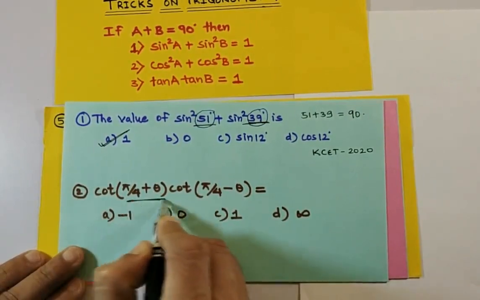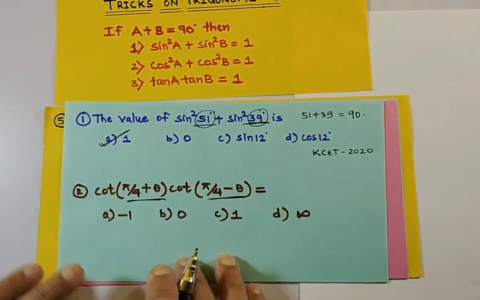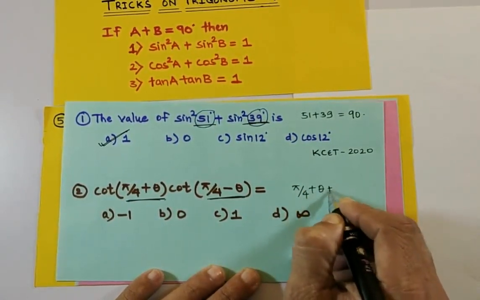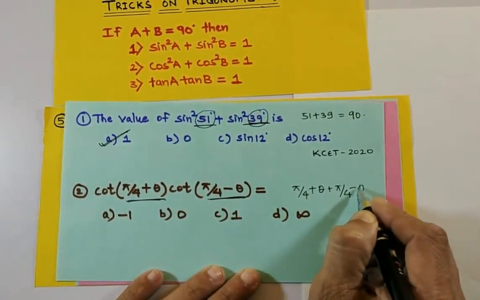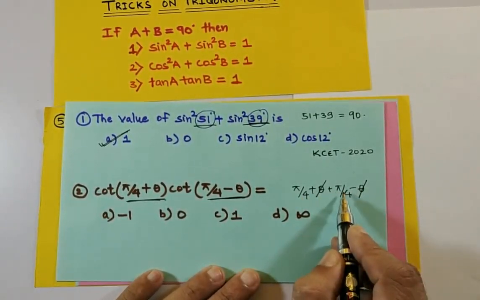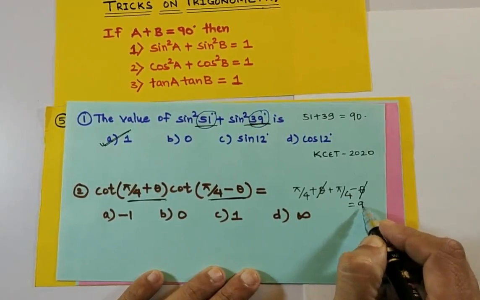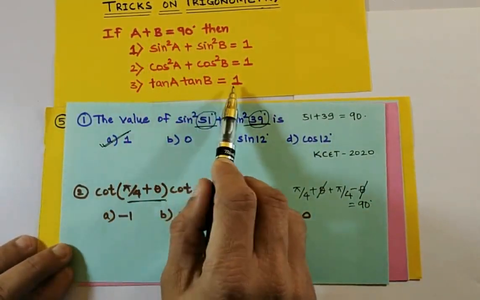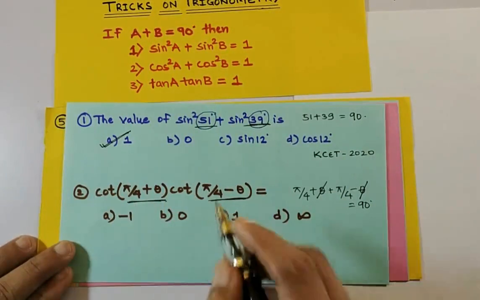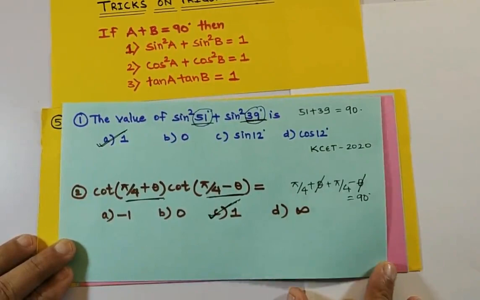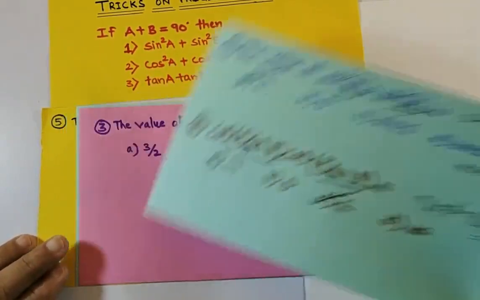Again, if you add these two angles, 45 plus theta plus 45 minus theta, theta gets cancelled. Pi by 4 is 45, and 45 plus 45 is 90. So if the sum of two angles is 90, then tan A into tan B is 1. Similarly, if you apply here, the answer is 1. So just in one step, you can have the answer.